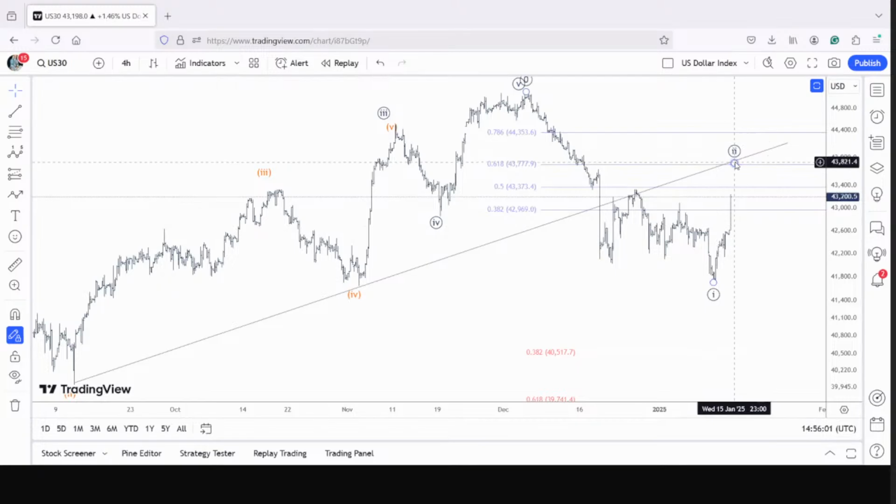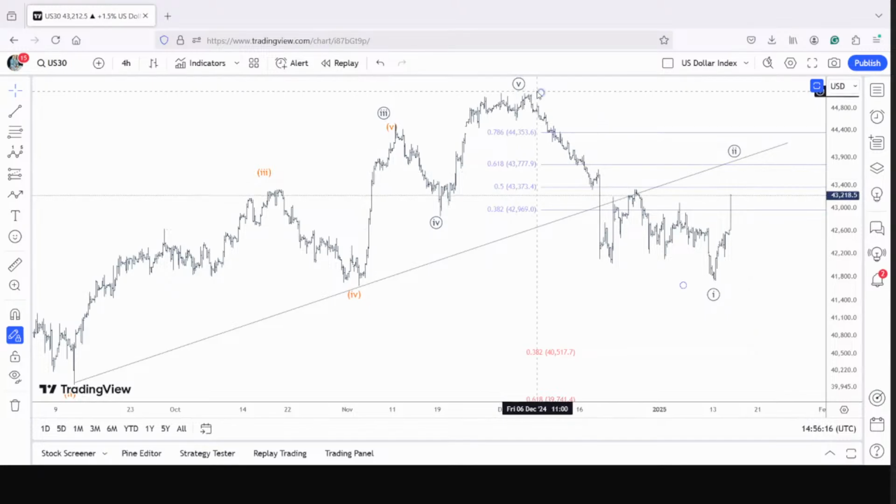We might be wrong, but to prove us wrong, it has to break that trend line, enter into the buy zone, and comfortably stay there. And until the price takes out that high around the 45,000 mark, we are good to sell on rallies.